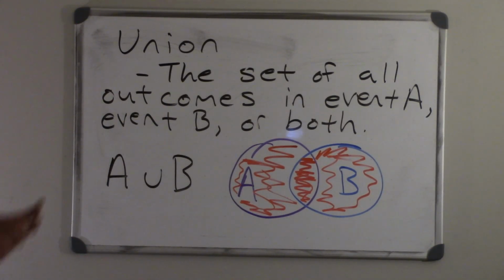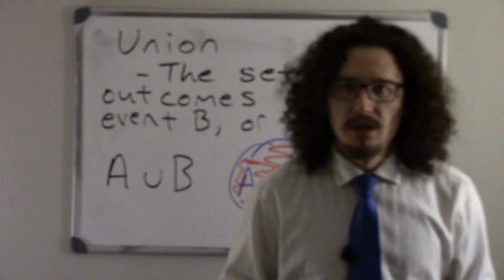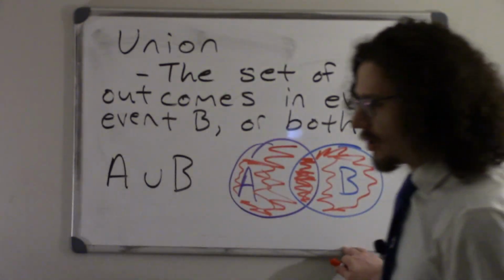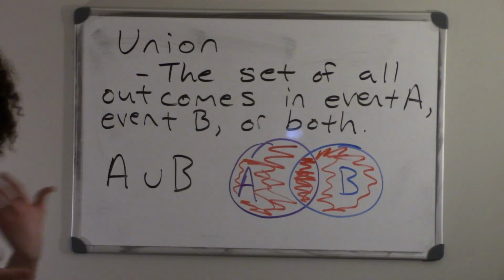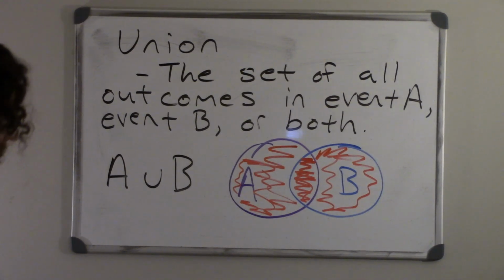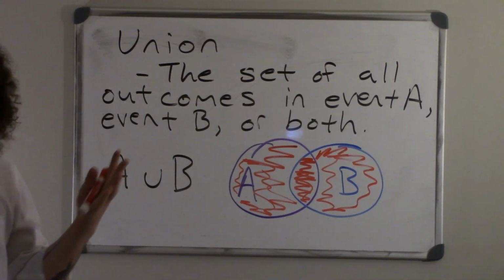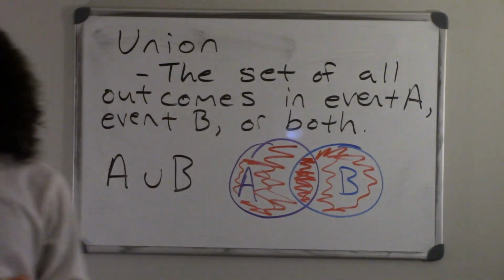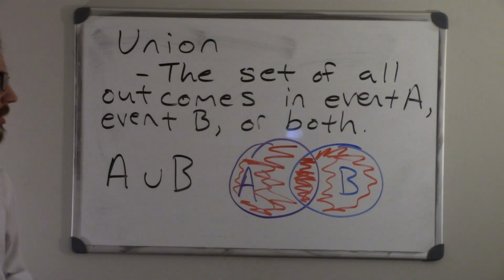So that is what a union is. It's just everything in both camps. When we start calculating these probabilities, we're going to use playing cards a lot. Don't worry if you're not familiar with playing cards, because I'm only going to use them in these lectures, and I'm going to try to really explain where everything's coming from.